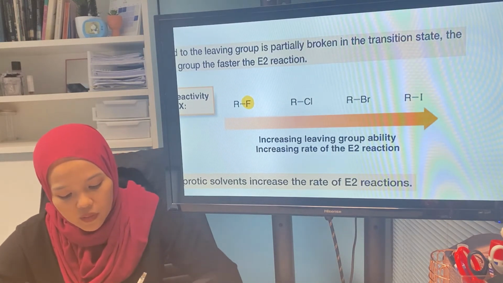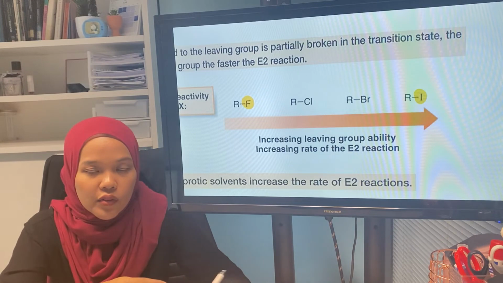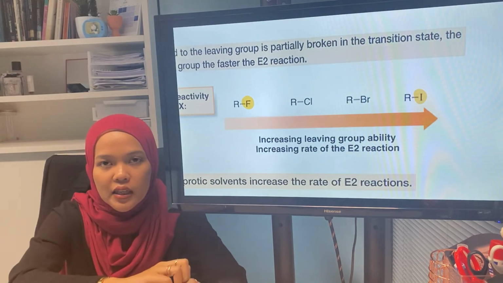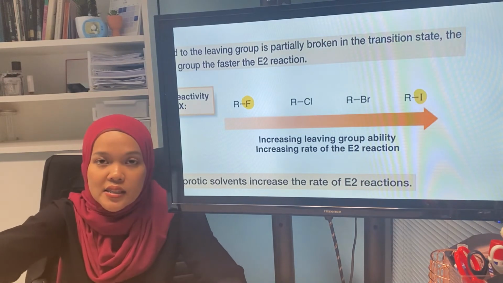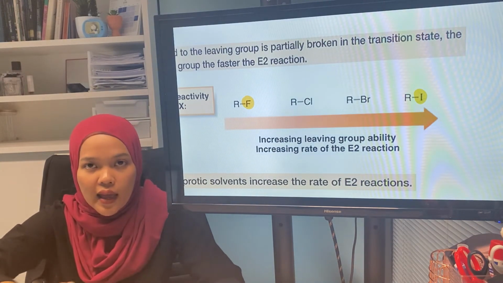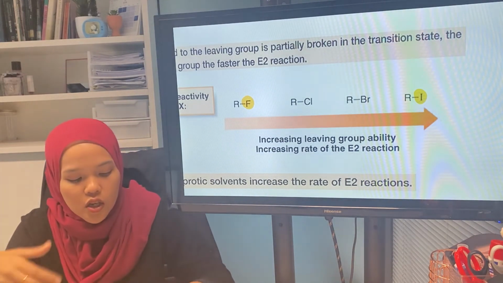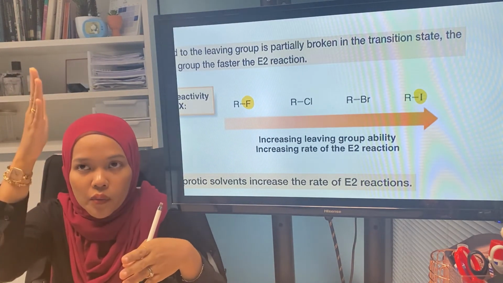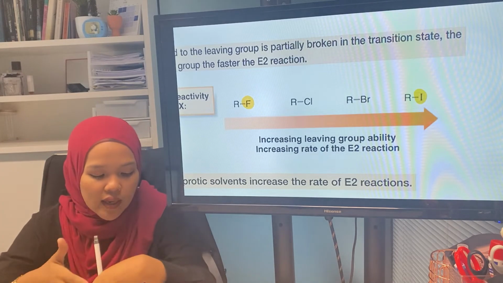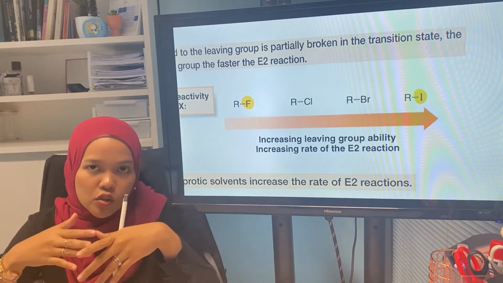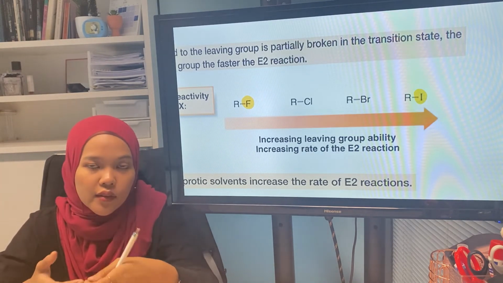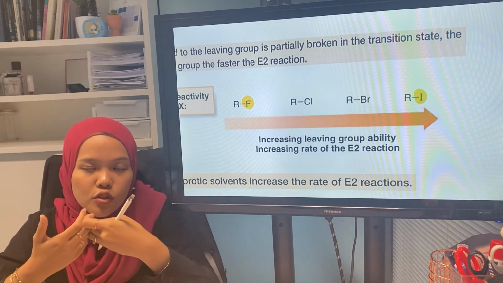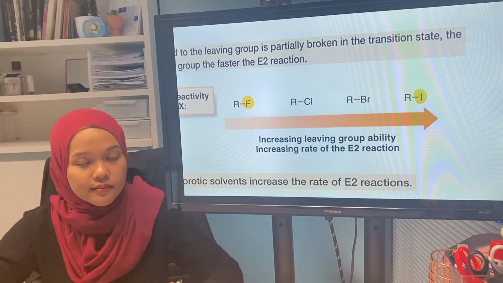The one that leaves more easily is the one that is bigger. So iodine is going to be easier to leave, and more stable on its own. So if you go down the group, the rate of reaction is going to be faster. The rate of reaction is going to be higher.